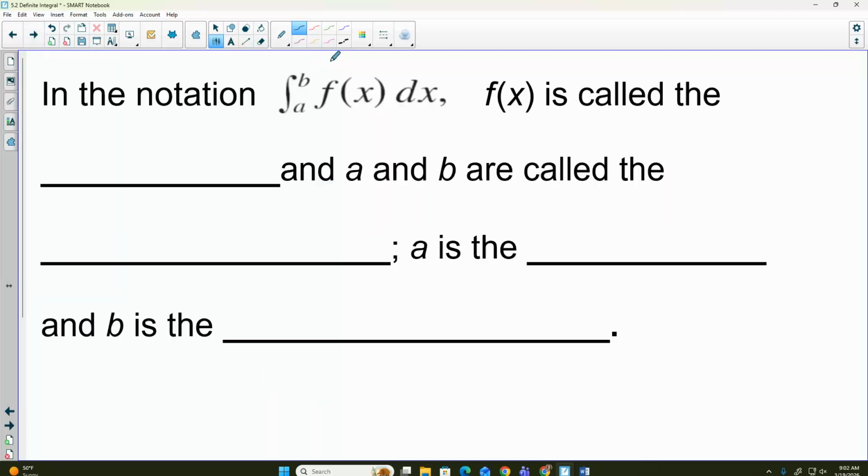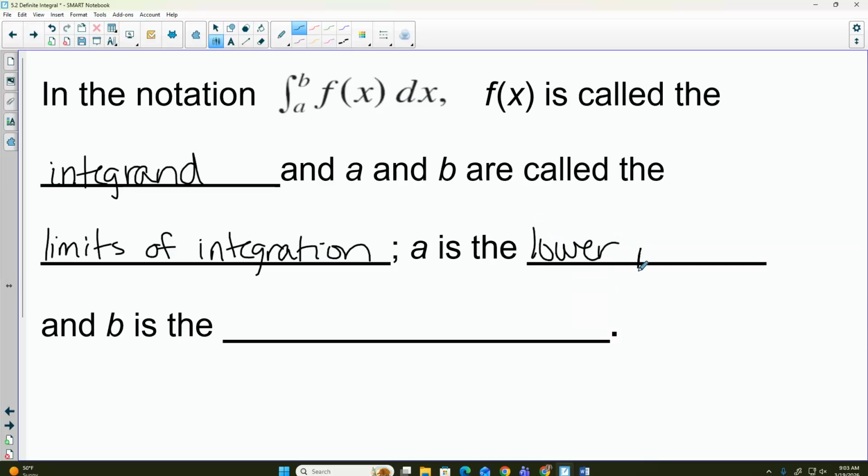So in this notation, f of x, the thing we are integrating, is called the integrand. That's like the curve we're finding the area under. a and b are called the limits of integration. a is the lower limit, the starting point, and b is the upper limit, or the ending point.